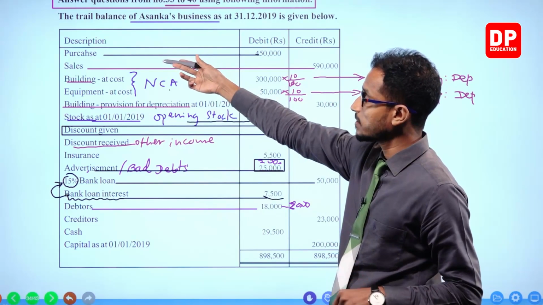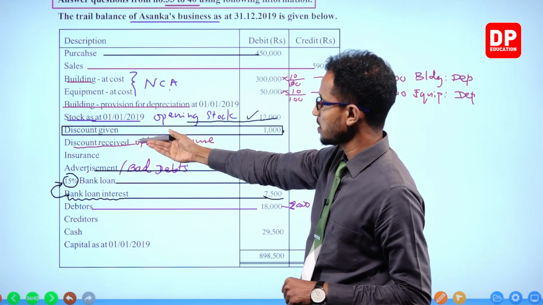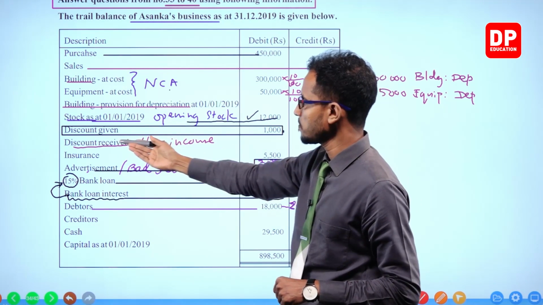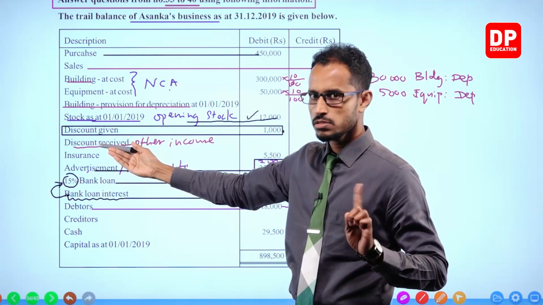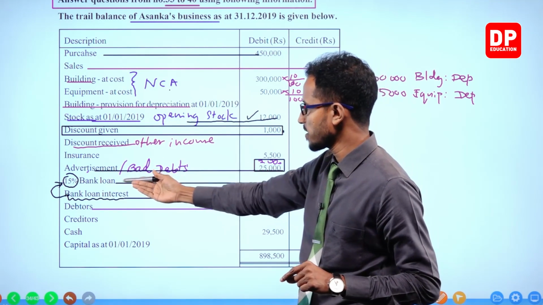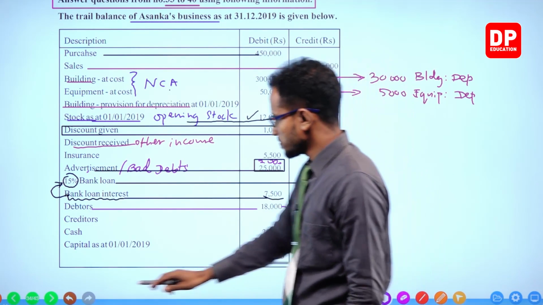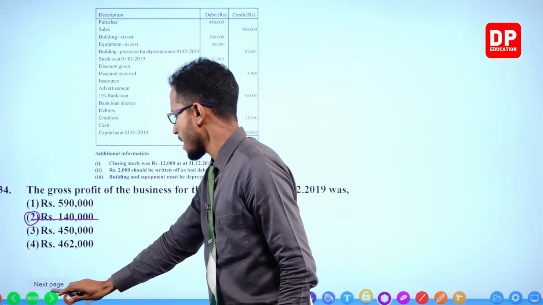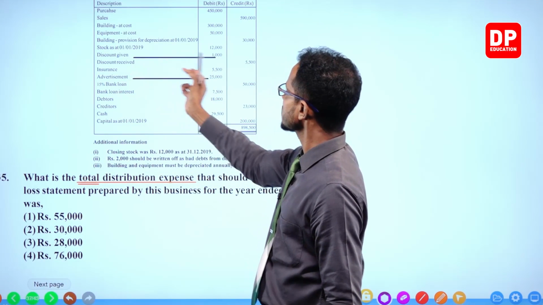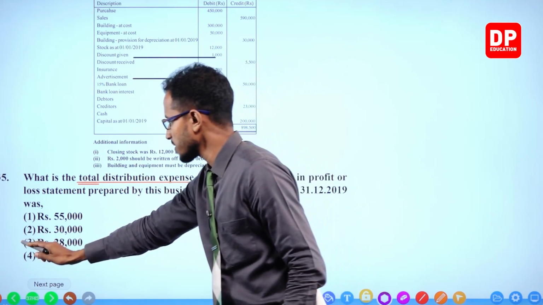Just check whether any other expenses are there. This is another income, discount received. Insurance, no. Admin expense. Advertisements and bad debts taken, no. That's it. 28,000. See, discounts given and marked. 28,000 is here.